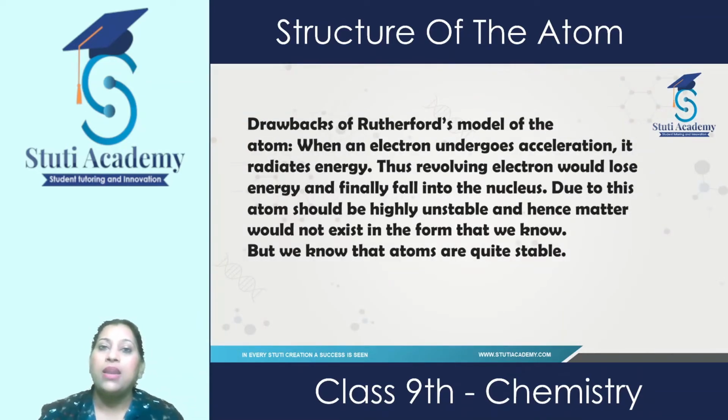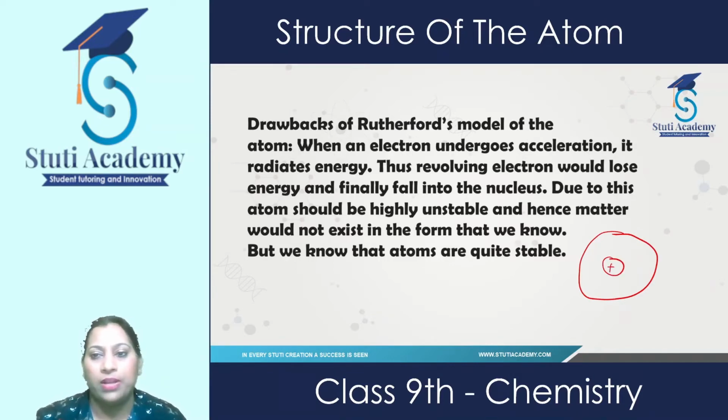But again, there were some drawbacks or limitations of the Rutherford model. He was saying that in an atom, the center contains positive charge, that is the nucleus, and electrons are moving around it. And when they were moving around the nucleus, they were radiating energy.